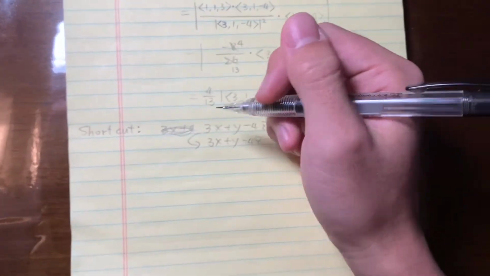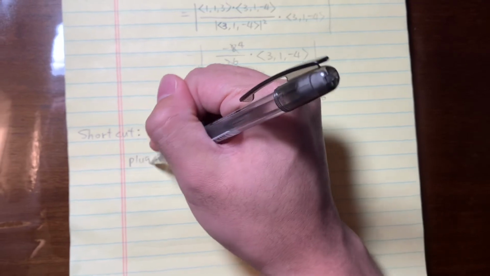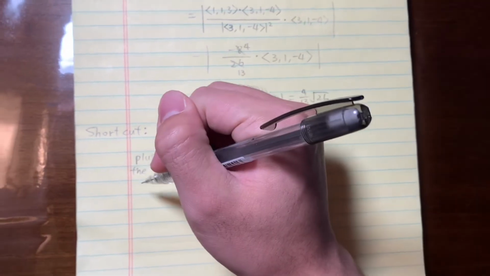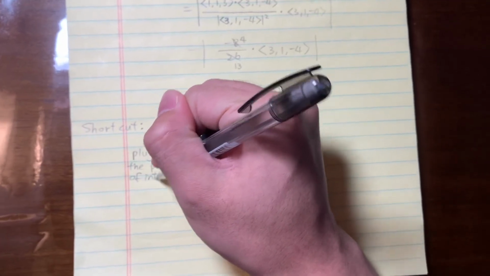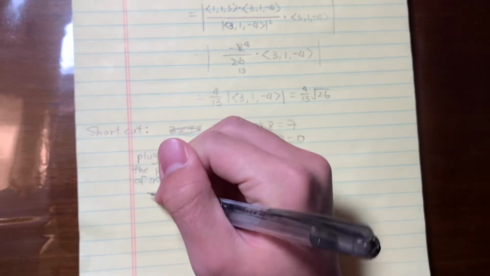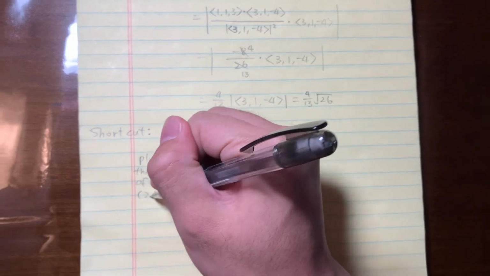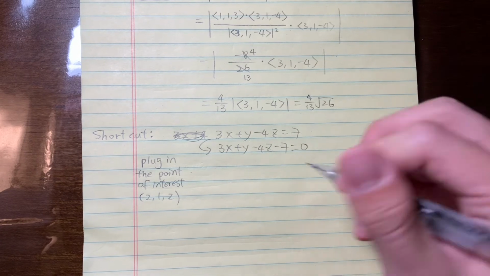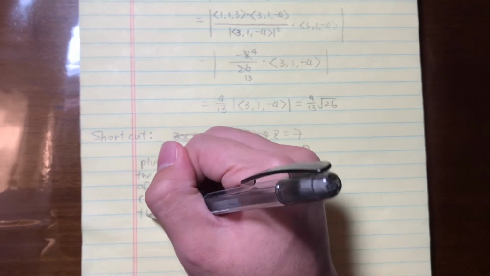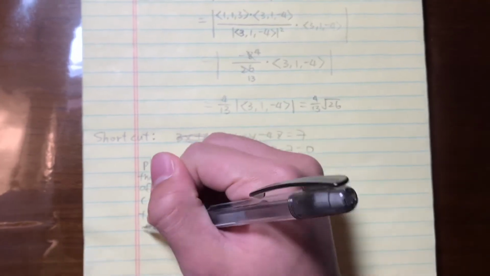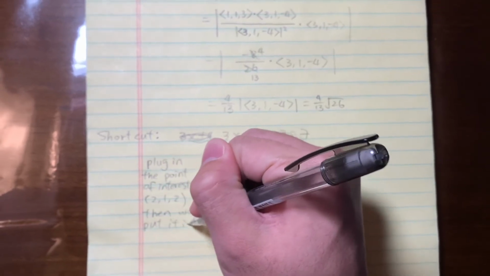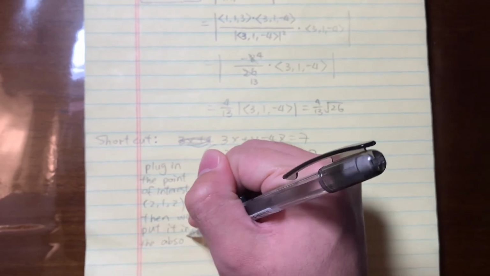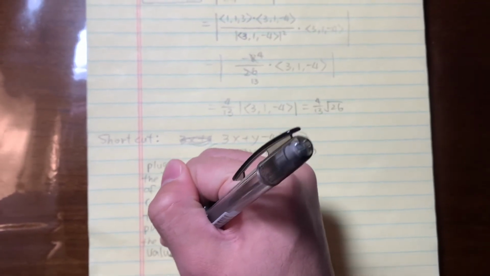And we plug in the point of interest, which in this case is 2, 1, 2, and we put it in the absolute value.